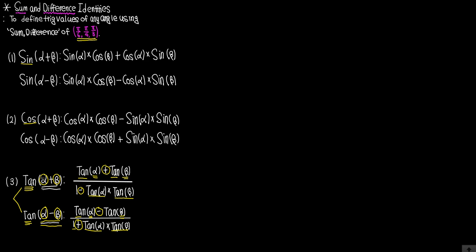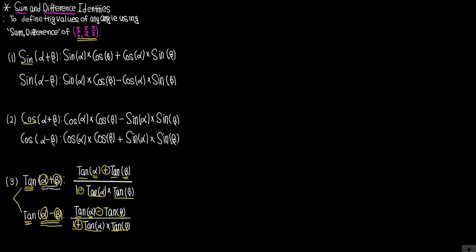For sine and cosine, there are ways to memorize them using how the words are pronounced. However, for tangent, there is no other way to memorize it, but the only thing we can think about for the tangent sum and difference identity is this.